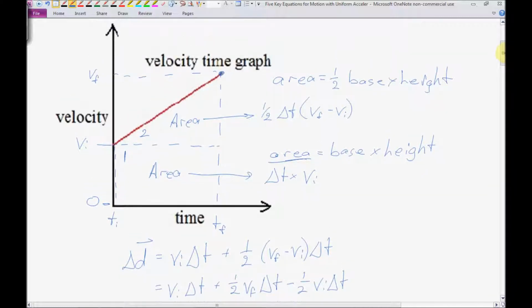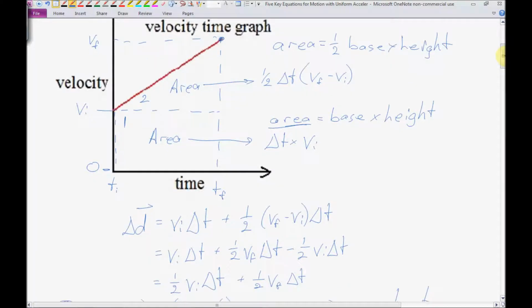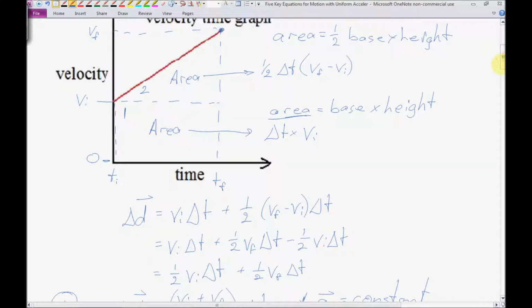Putting those things together and rearranging the equation a little bit, multiplying through by the half and the delta t, we get 1/2 vf delta t, subtract 1/2 vi delta t. Rearranging a little further and collecting like terms, we've got vi delta t here, negative 1/2 vi delta t here, so in total, half vi delta t plus half vf delta t.